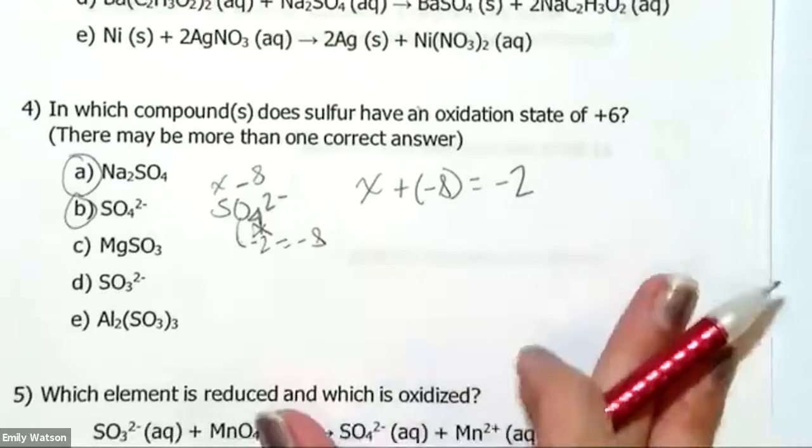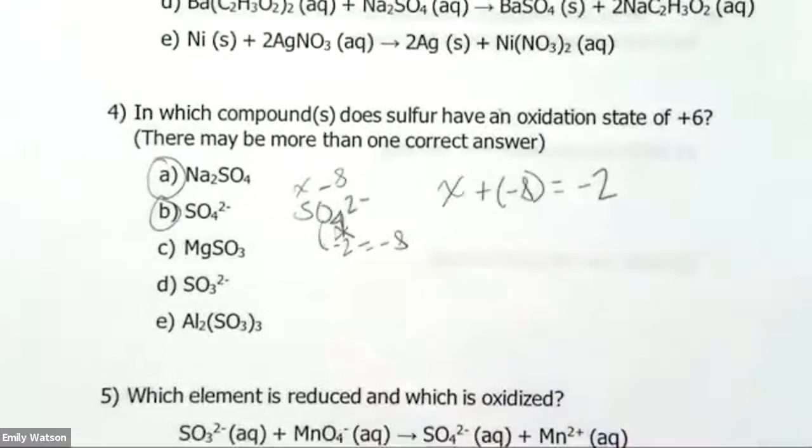Okay, so here's what I want to do with these last 3. I would like one volunteer in class, just raise your hand, to solve letter C. Okay, go ahead. Just figure out what the oxidation number of sulfur is in that.